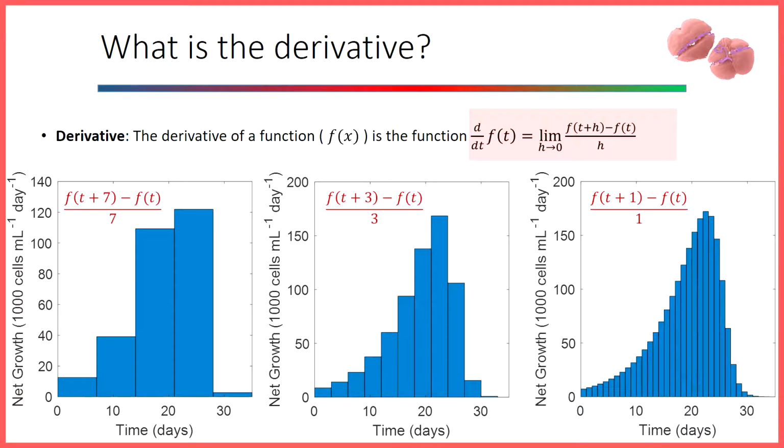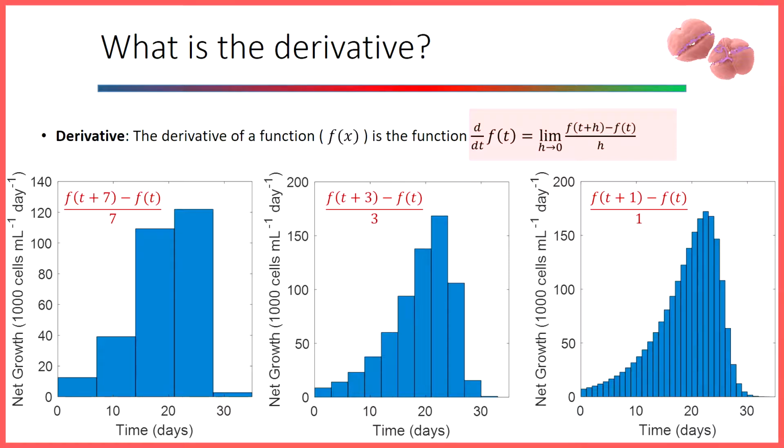The plot on the left is simply that equation if we substituted in 7 instead of h. The plot in the middle is what we would get if we substituted in 3 instead of h. And the plot on the right is what we would get if we substituted in 1 instead of h. So looking at this, we can see that our equation for net growth rate is pretty similar to the equation for the derivative.